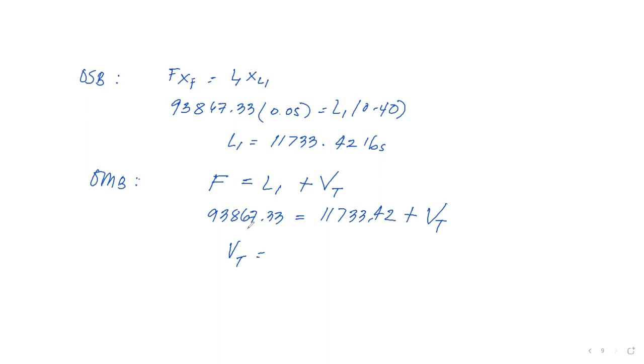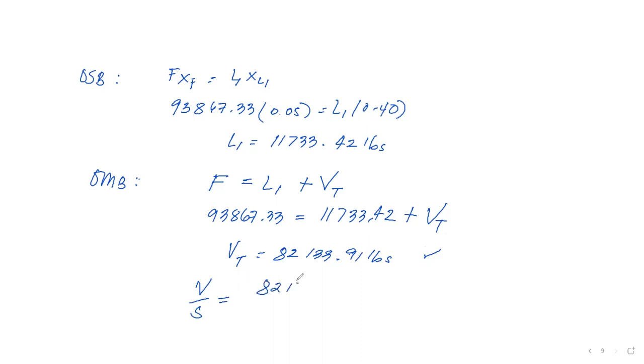If you recall, all the values from the start are based on the assumption of 1,000 pounds of feed, so they have to be corrected. So your V, the total water evaporated, is 82,133.91 pounds.